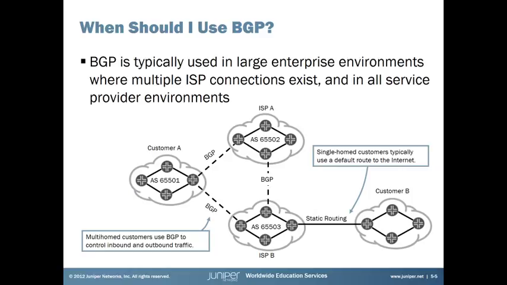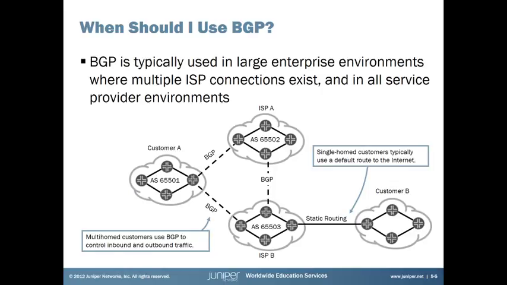So when should I use BGP? Well, we've already discovered that an internet service provider will always use BGP because it has to use BGP to gain connectivity to its upstream or downstream peers. Tier 1 ISPs will use BGP to connect with other Tier 1 ISPs, and it is those peering arrangements around the Tier 1s that form the internet backbone.